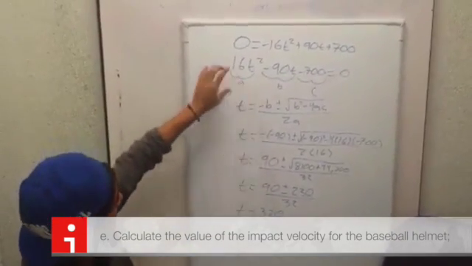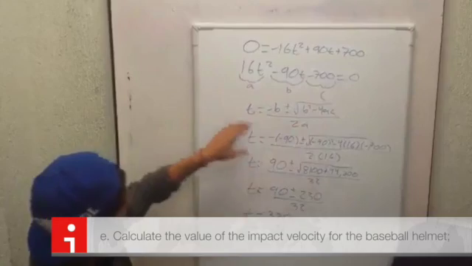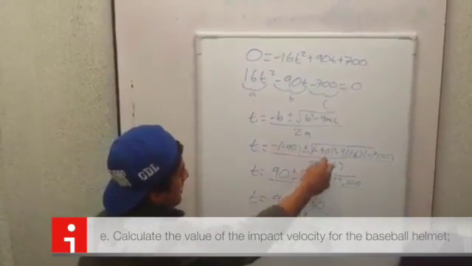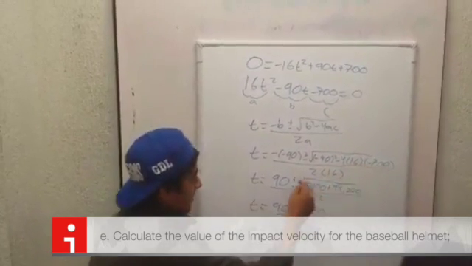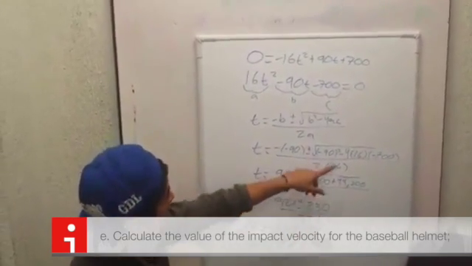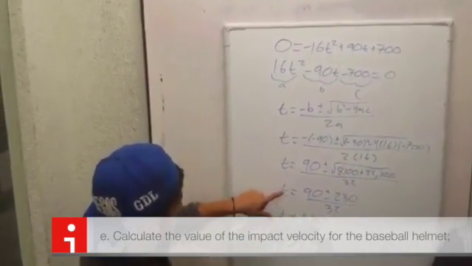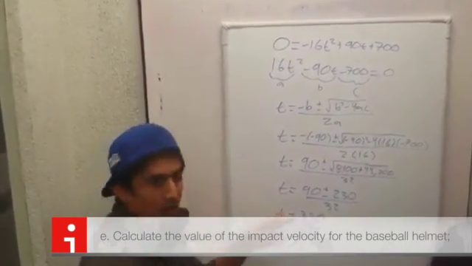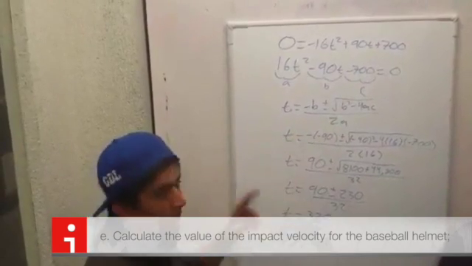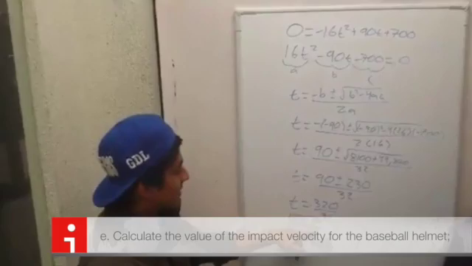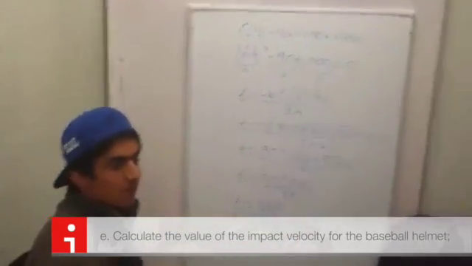We see which terms we have and apply them in the quadratic formula: minus b plus or minus the square root of b squared minus 4ac, over 2a. We solve everything, and because of the square root we have two values. We just take the positive one because there is no negative time. It takes 10 seconds to reach the minimum position.